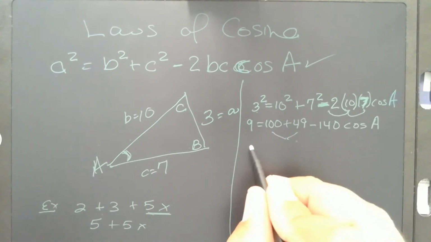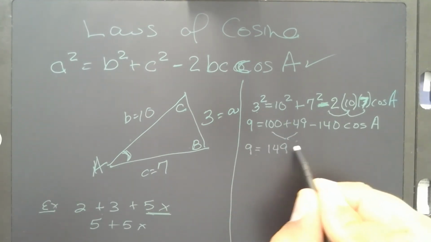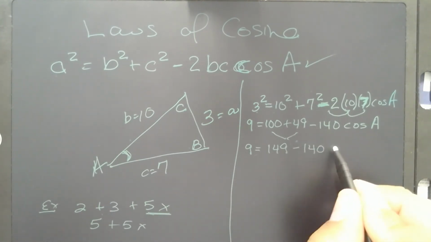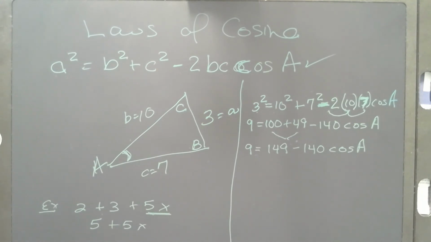So this will be 9 is equal to 149 minus 140 cosine A. You can't combine 149 and 140 because 140 is attached to cosine of A. It's multiplication. But can you divide? Yes, we're going to get to that; that's part of the next step.